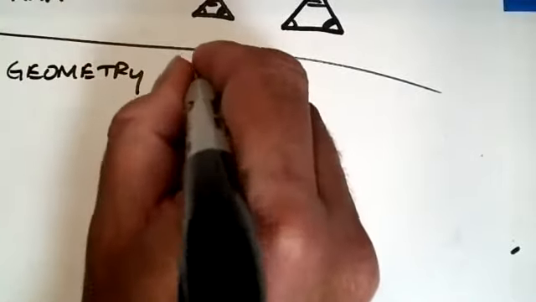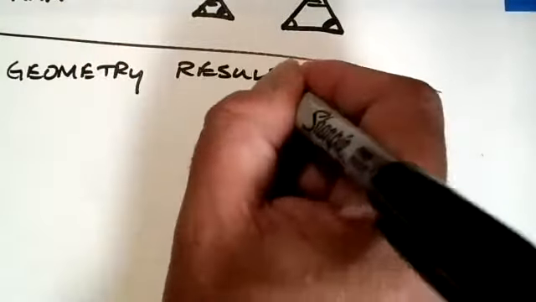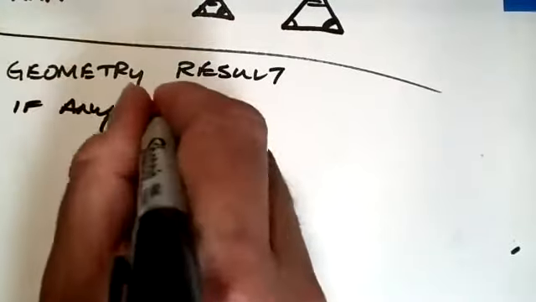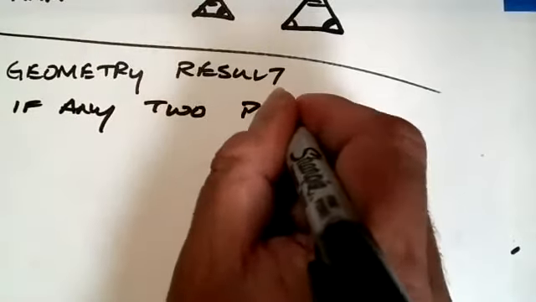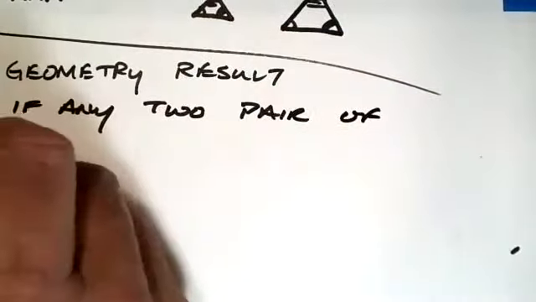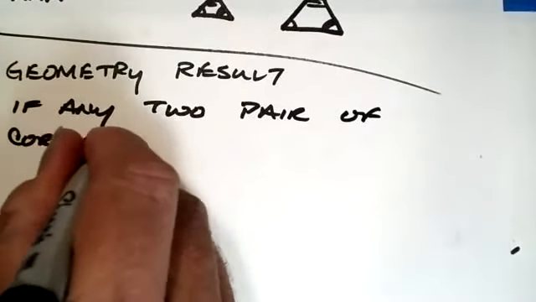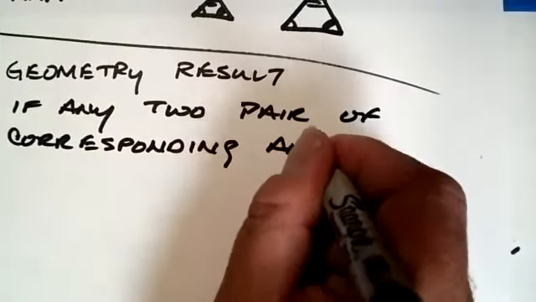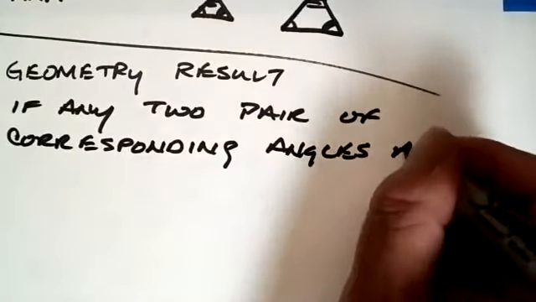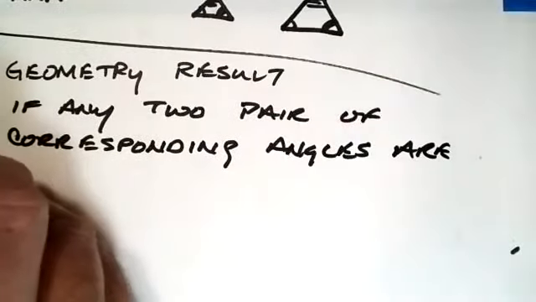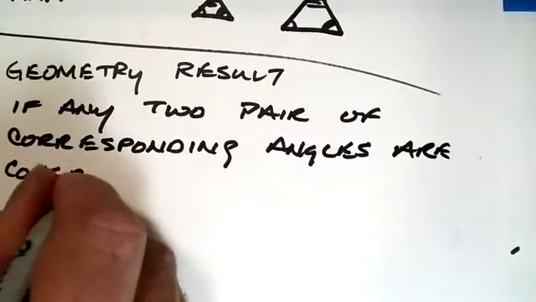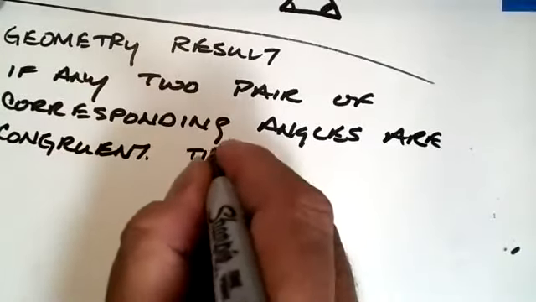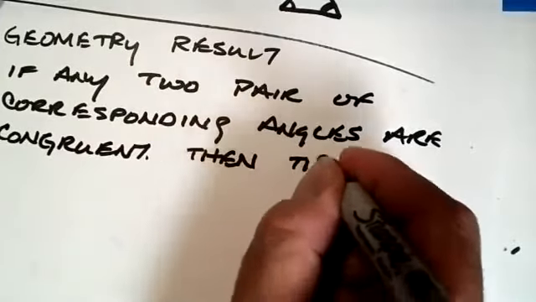But if any two pair of corresponding angles are congruent, remember we're talking about triangles here, then the triangles are similar.